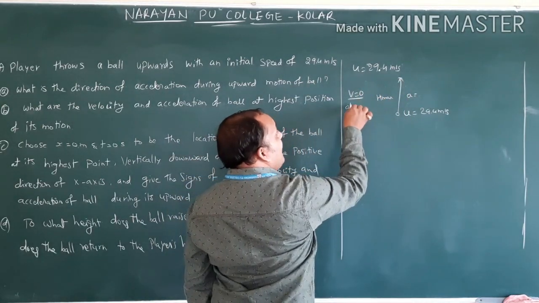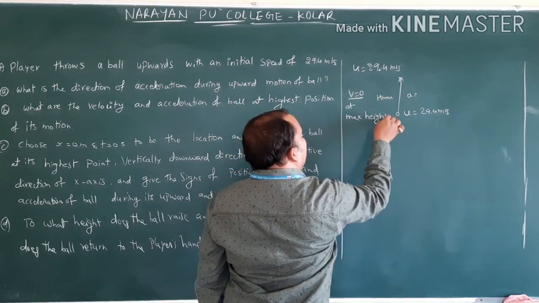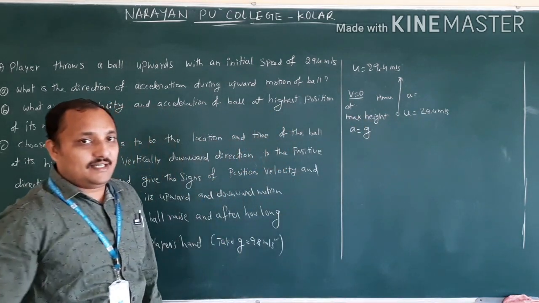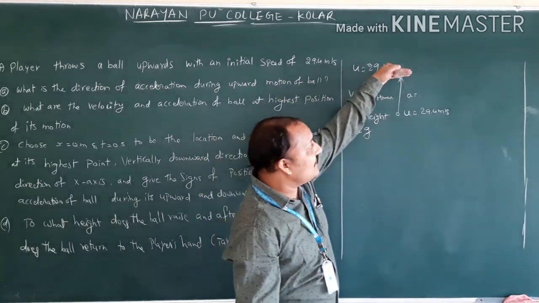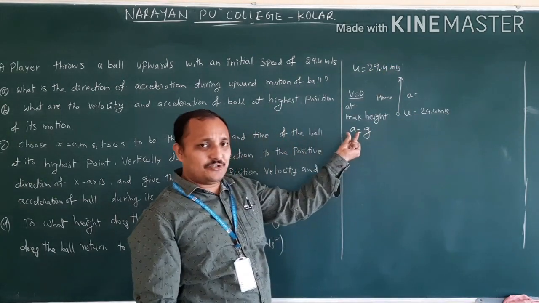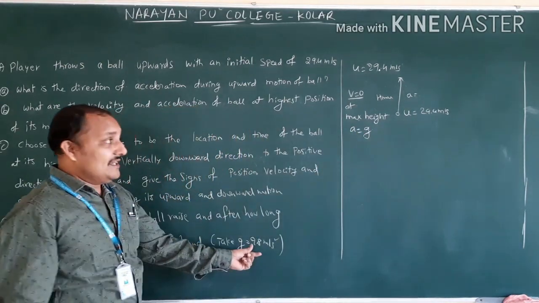Final velocity is 0 at maximum height. Then what is acceleration? a is equal to g, isn't it? Always towards the motion a is equal to g, but the object is here. Now it is ready to come downwards. Therefore, acceleration due to gravity is nothing but g. That is nothing but 9.8 meter per second square.